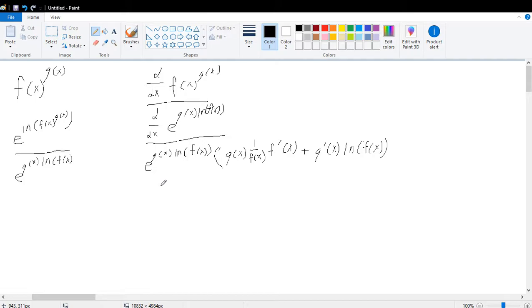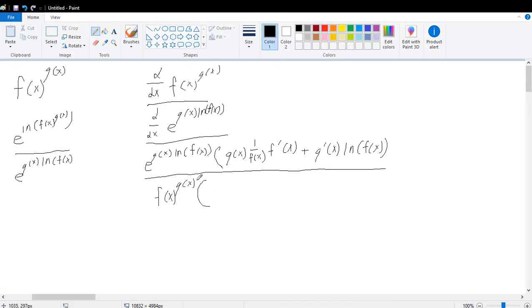So that's a correct answer, but we can definitely simplify this. This up here, we can just go backwards in steps from here. So this goes back to this. Well, we can see the steps here. So that all just becomes f of x to the g of x.